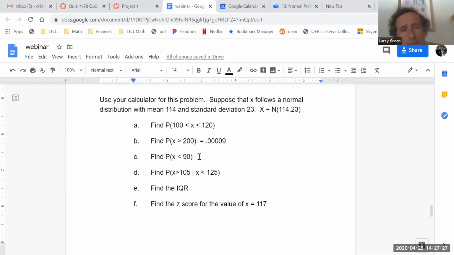Let's see if you can give me the probability that x is less than 90. Use the calculator. What's the probability that x is less than 90?